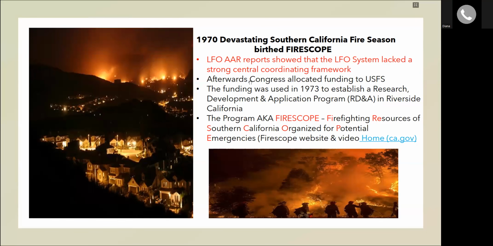But in 1970, the devastating Southern California fire season birthed something called FireScope. The Large Fire Organization's After Action, or AAR, reports showed that the LFO system lacked a strong central coordinating framework.